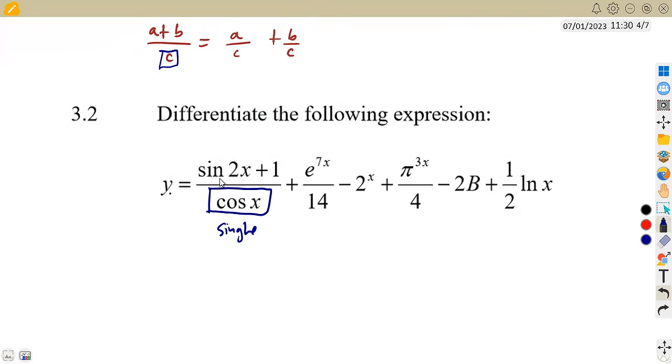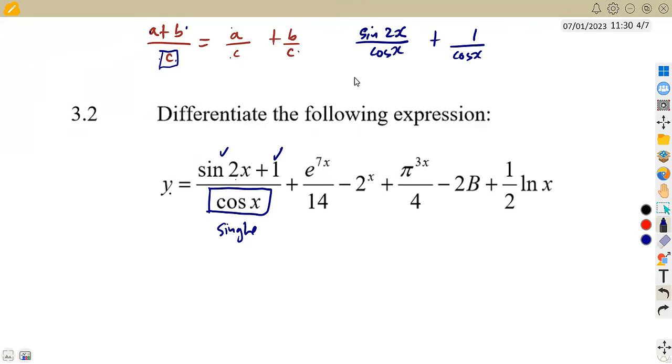So from the sine 2x plus 1, these are 2 terms in the numerator, but in the denominator, there's a single term. So we can separate this as the sine of 2x, everything over the cos of x, plus a 1 over the cos of x, just like A over C plus B over C. So that is the same concept.